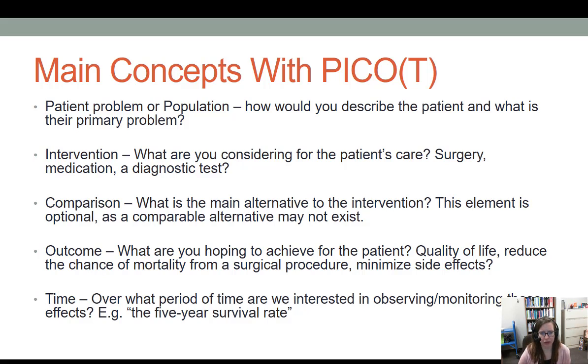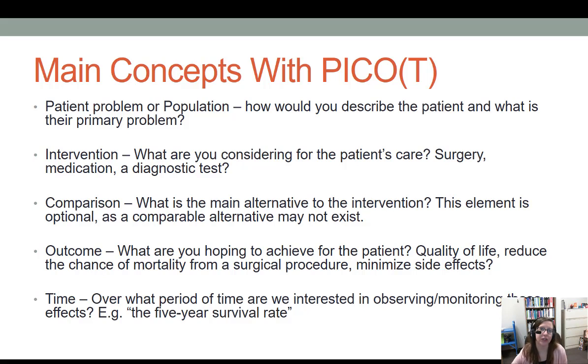Time is also optional, but time is a part of research questions when we have to follow up with patients to see whether the intervention was successful. For example, when we talk about cancer patients, often we're talking about increasing their 5-year survival rate. So we're taking a look at the next 5 years after the treatment is given and how well they do over that period of time.